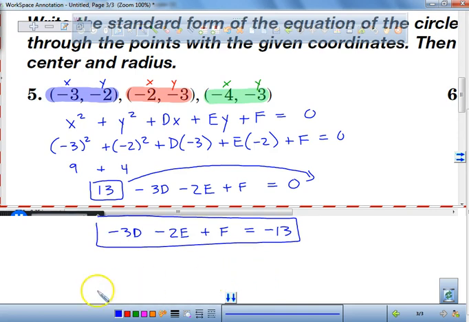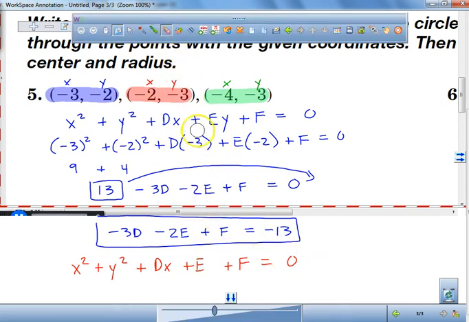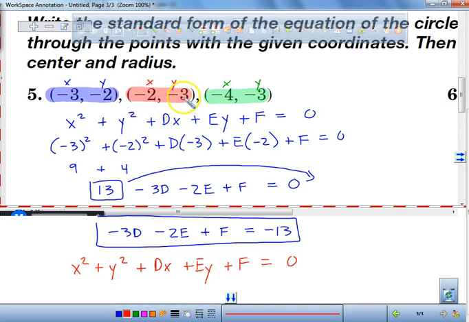We need that. All right, we're going red. X squared plus y squared plus dx plus ey plus f equals 0. Now, we're going to take all of our x values that are in red and plug them in for x, and all the y values that are red and plug them in for y.